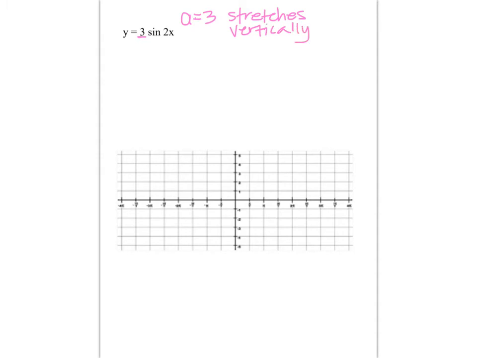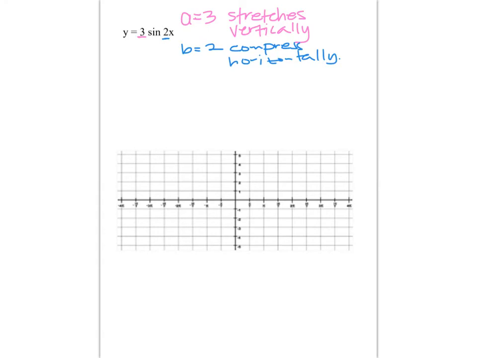The b value is 2. Now remember the rule for b. It always does the opposite of what we think it's going to do. 2 is a number that's greater than 1, and that actually compresses the graph horizontally. So very similar to what the last example did.